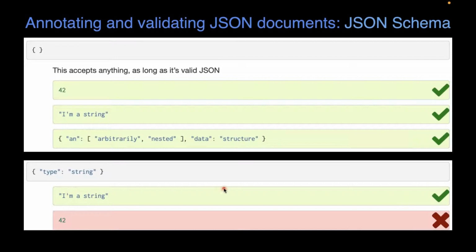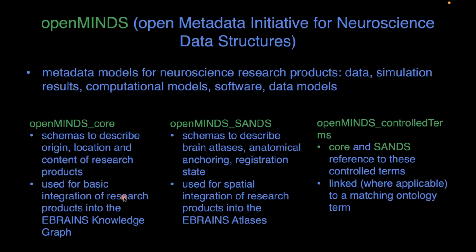All you need is these curly braces, which contain key-value pairs, or these other brackets where you can have collections or lists of things. And this is enough to specify data in a structured format, and also to automatically validate that the contents of the metadata are syntactically correct.